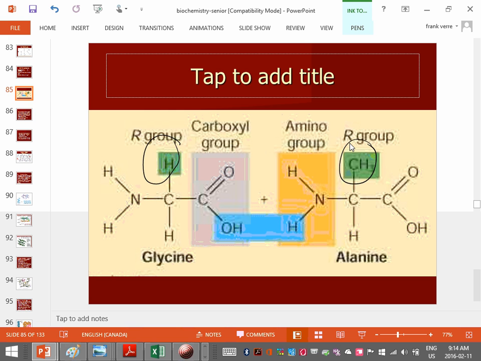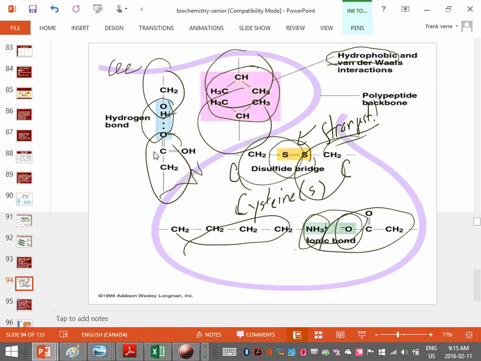This is the R group. Okay? So here, what you're seeing is that some of the R groups are non-polar. Some of the R groups are positively charged, like this one over here. So this R group on this side would be positively charged. This R group would be negatively charged. Okay? This R group is polar, so is this one.